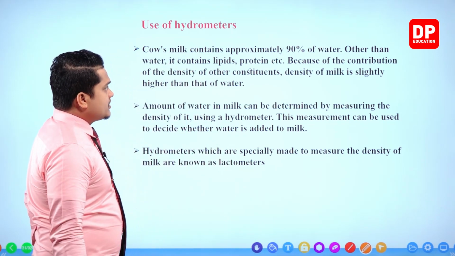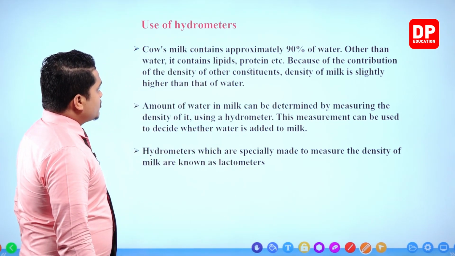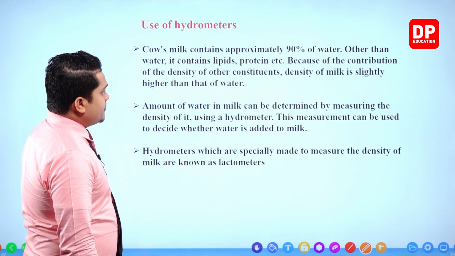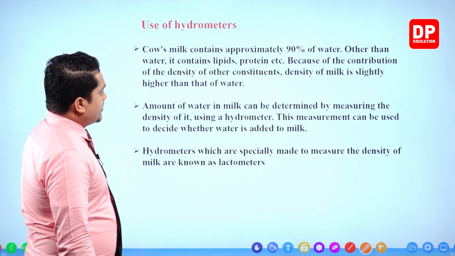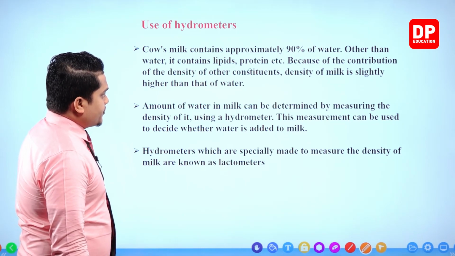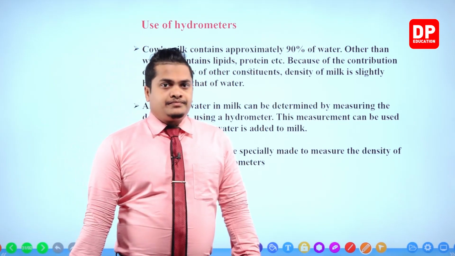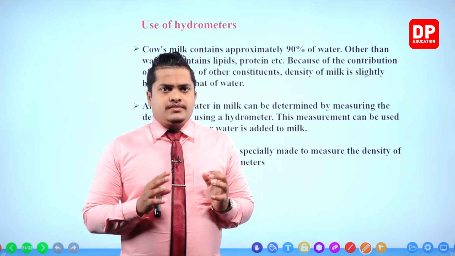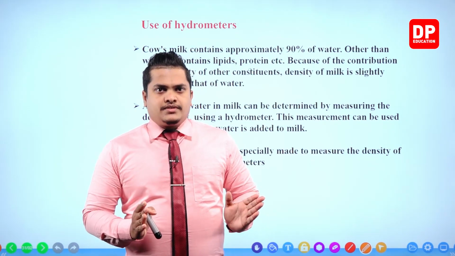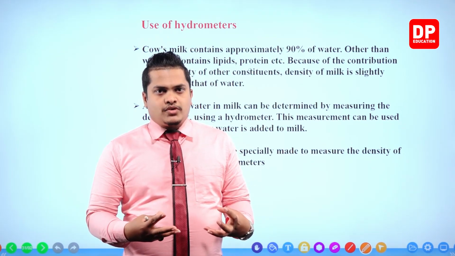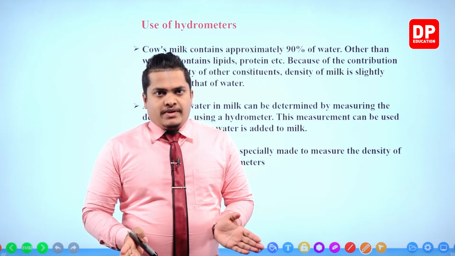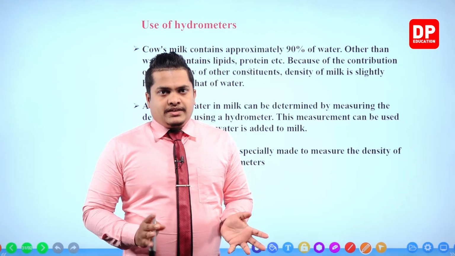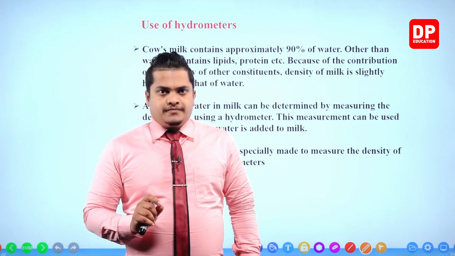So the first one is given. Cow's milk contains approximately 90% of water. Other than water, it contains lipids, protein, etc. If you take any kind of organic substance, organic meaning in this sense that it's made up of plant or animal materials, most of the time they contain water.